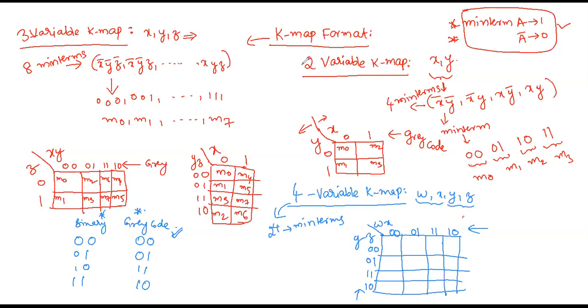With two variable K-map, we have 2 to the power of 2 minterms, 2 to the power of 2 nothing but 4. With three variable, we have 2 to the power of 3 minterms.